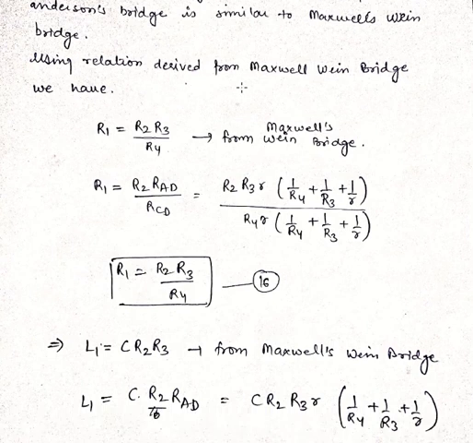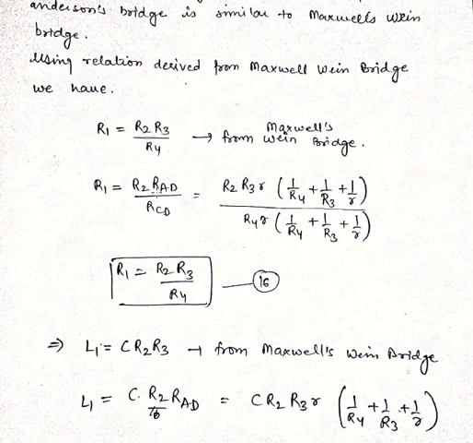Using the relation derived from the Maxwell-Wien bridge, we have R1 equals R2 R3 divided by R4. By putting this value from our equivalent Anderson bridge, we'll have R2, in place of R3 we have RAD, and in place of R4 we'll have RCD.